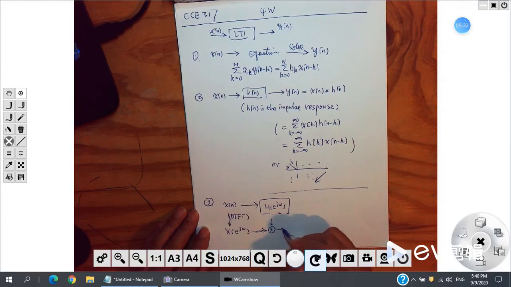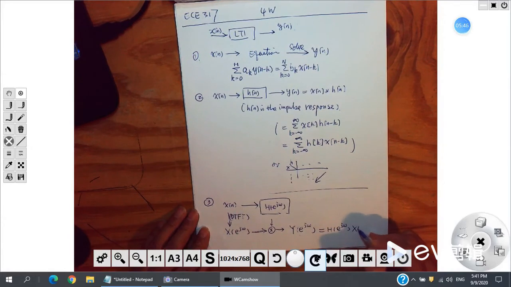Then we have Y of e to the j omega, the result of the multiplication of these two. And then we perform the inverse DTFT.